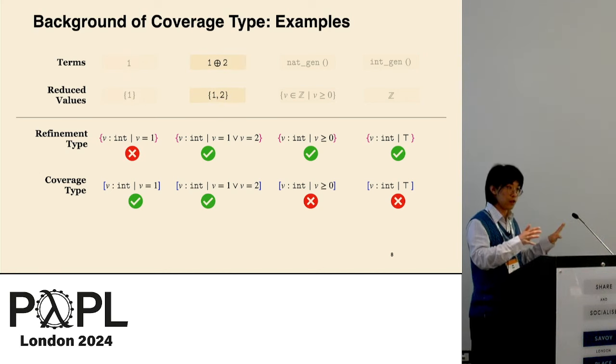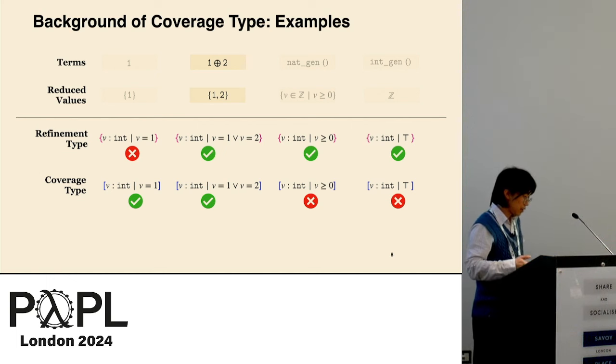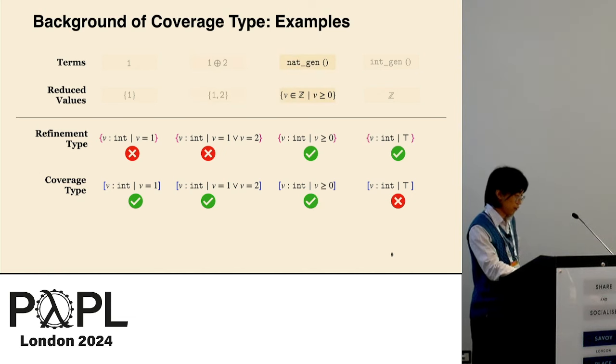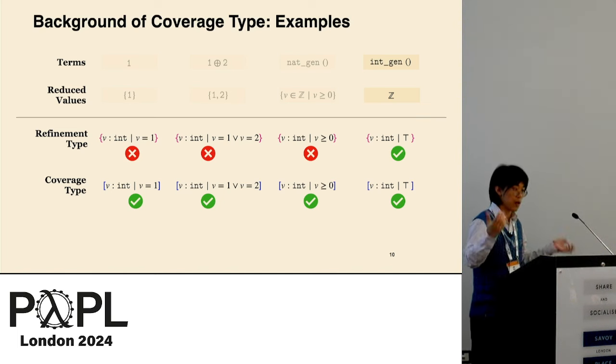And for 1 plus 2, besides covering v equal to 1, it can also cover v equal to 1 or v equal to 2. And for the NatGen, it can have three coverage types because it can cover more things. And for IntGen, it can actually have the top type. The top means that the IntGen can cover all possible integers.